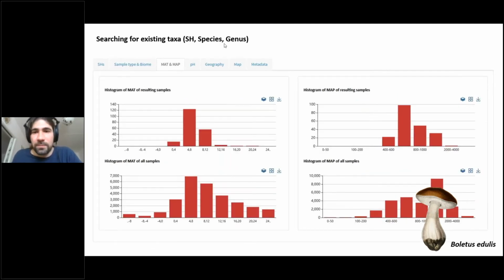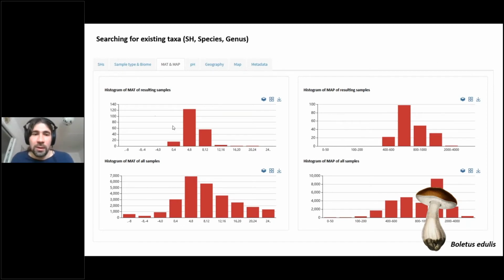On this screen, we are using the information from the GlobalFungi database with the environmental variables. So we can see what the window of, for example, temperature and precipitation values or records is where the samples were collected from.